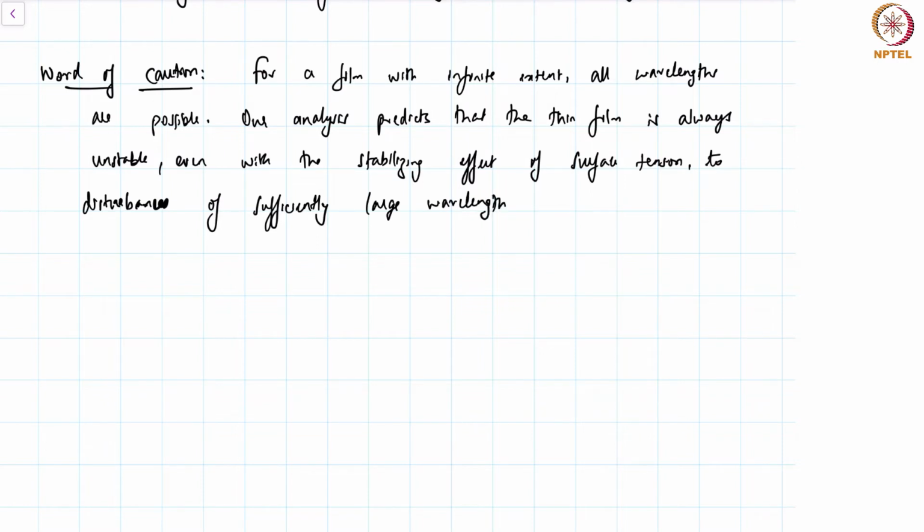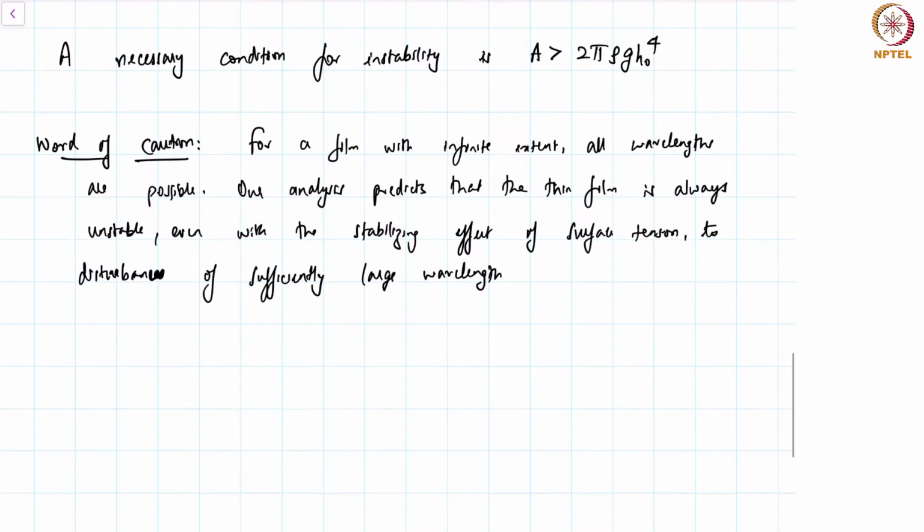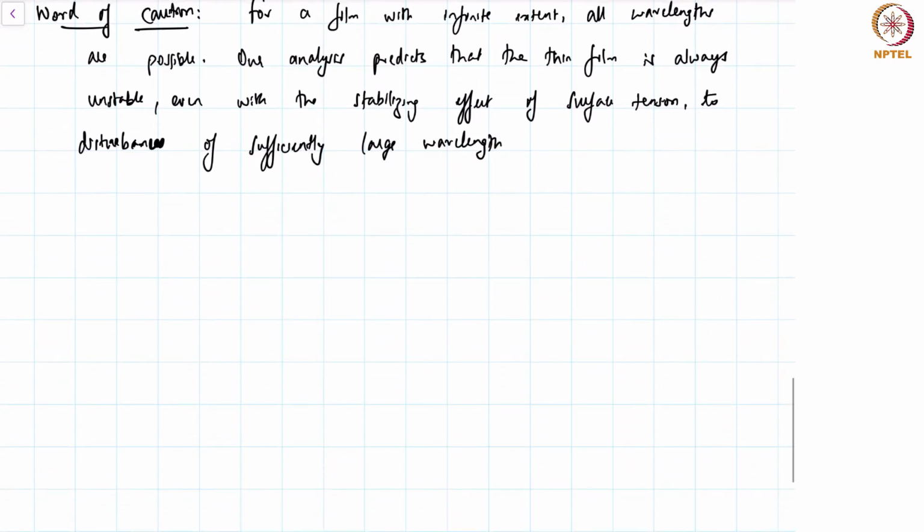Okay. So when we have a sufficiently large wavelength and this condition is met, then we can guarantee we have met the necessary condition for instability. But we know that real films are not like this. There is a finite container.